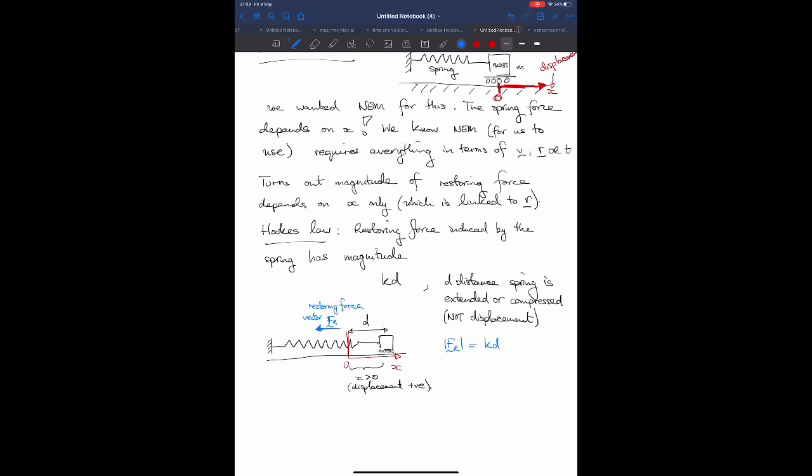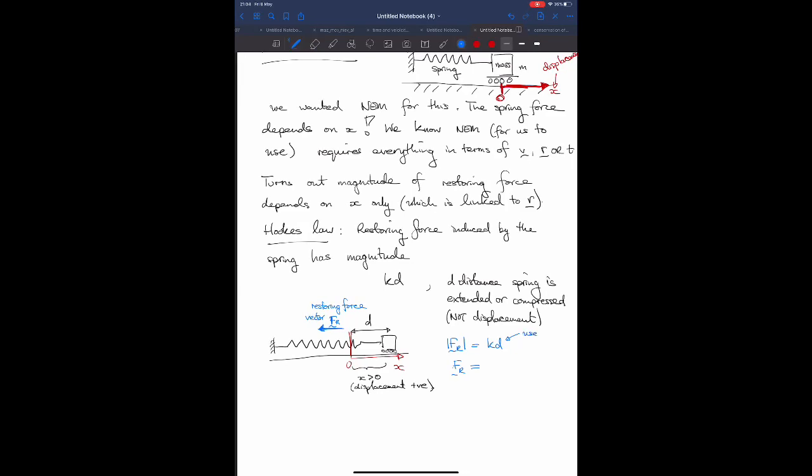The modulus of F_r equals kd. Now, using this, we can build a vector using i, because i is associated with the horizontal coordinate. We would like to write this in terms of x, the displacement. So I need a vector.